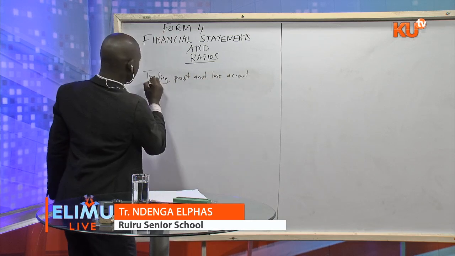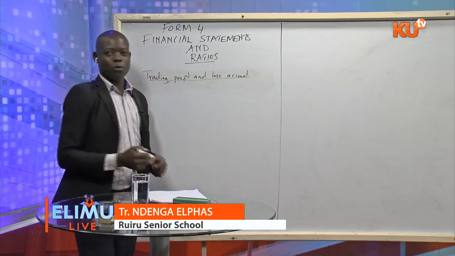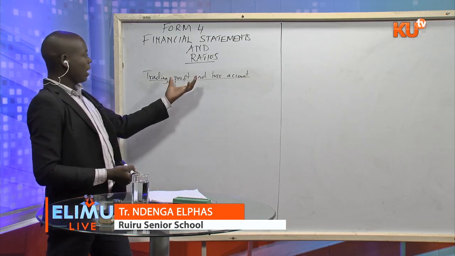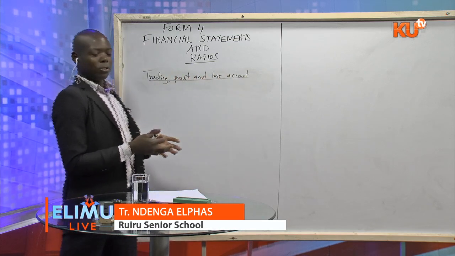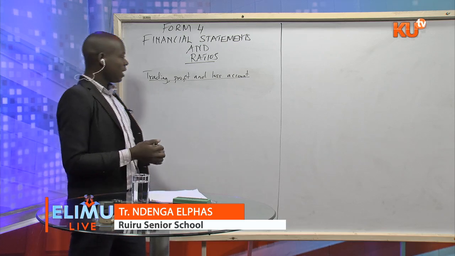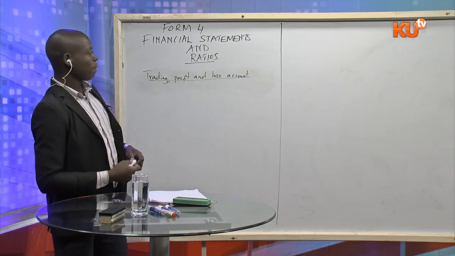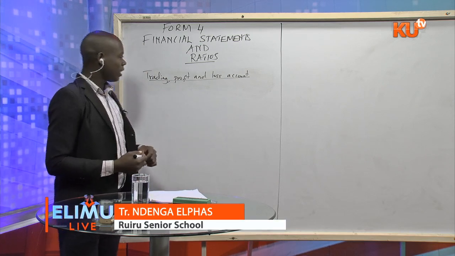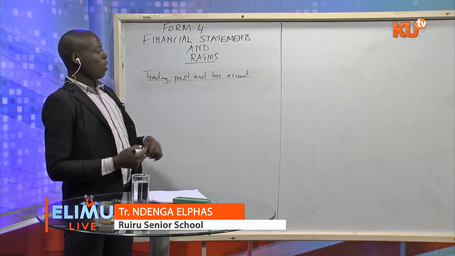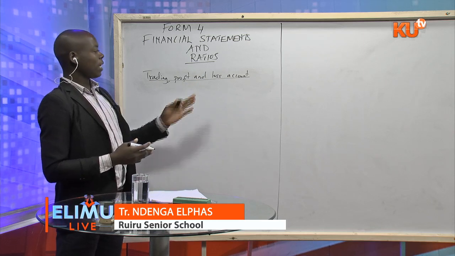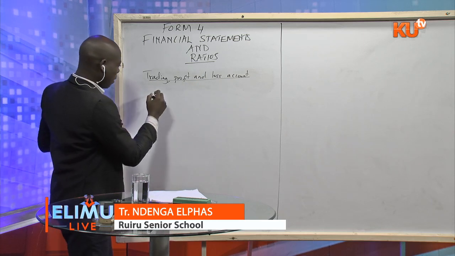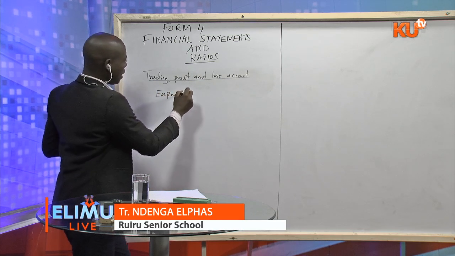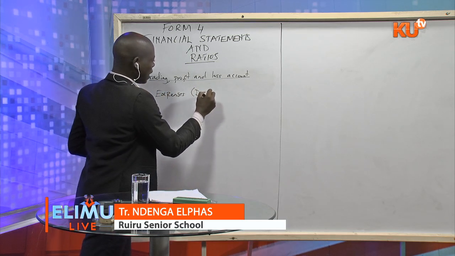Now, this is one statement in which we have the trading account and the profit and loss account combined together to form what we call the trading profit and loss account. What we need to understand, even before I give the format, is that in the profit and loss account, we talk of expenses being debited, or written on the DR side.